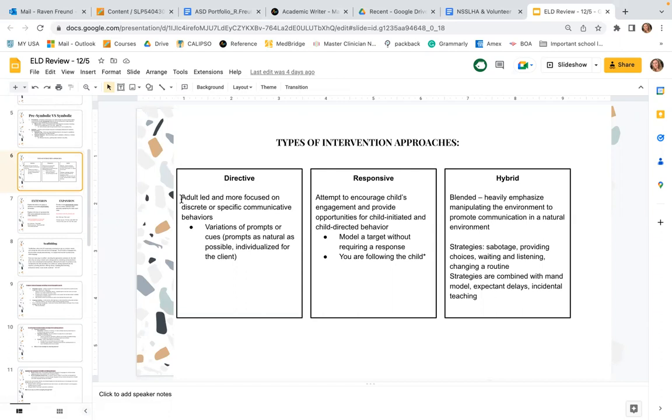Whereas responsive is an attempt to encourage the child's engagement and provide opportunities for child-initiated interaction. So responsive is like you're responding to the child's lead.